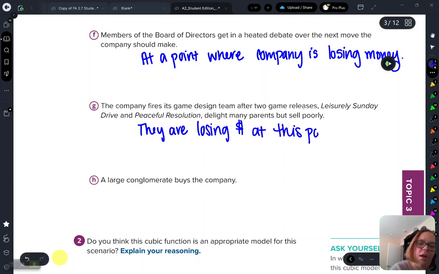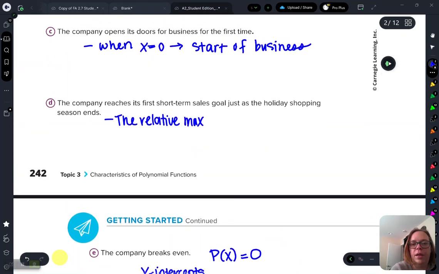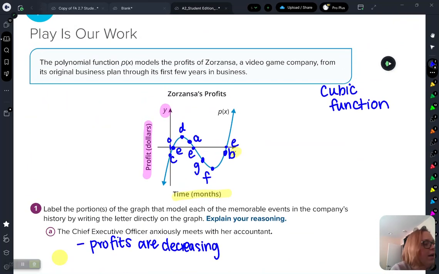All right, the large conglomerate buys the company. Well, then I would put that kind of at the end of the life cycle, right? Their profits are going to go way up if they just got sold. And then that's kind of it, right?